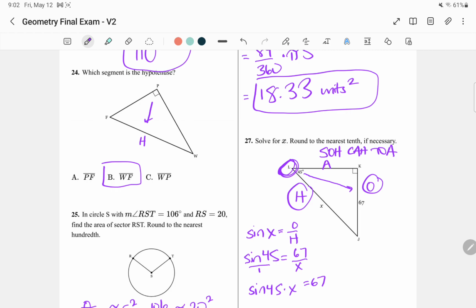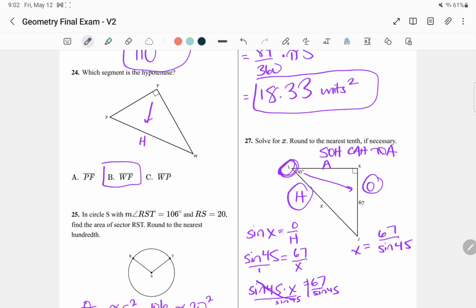And then I'm going to just rewrite this as dividing by sine 45. So x is equal to 67 divided by sine 45. All right, because once I have my butterfly, I still have to get x by itself. So I'm going to divide both sides by sine 45.